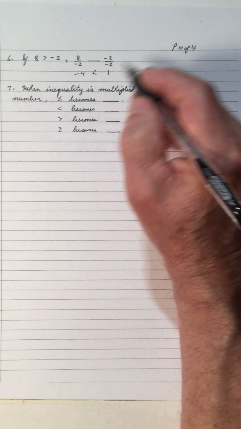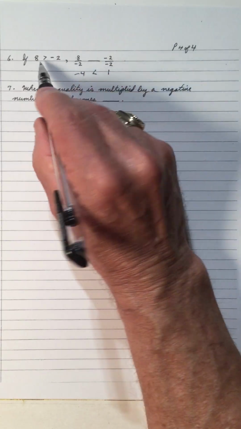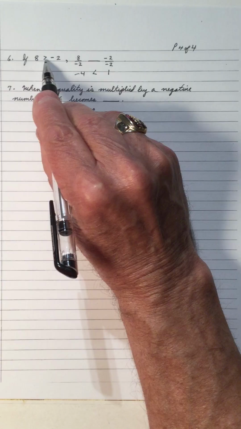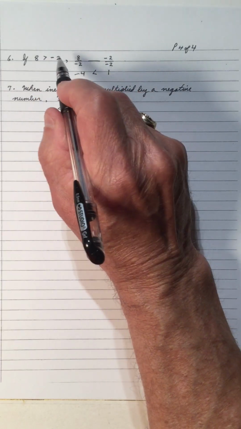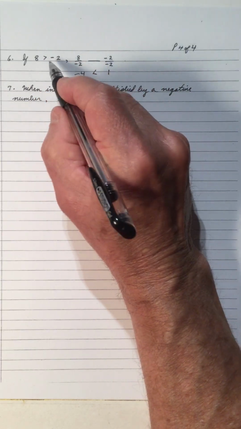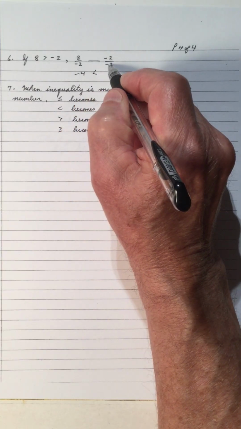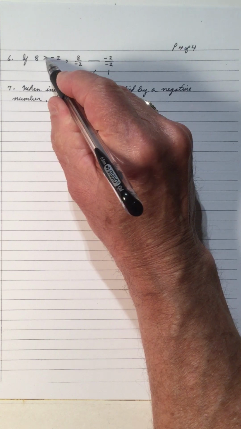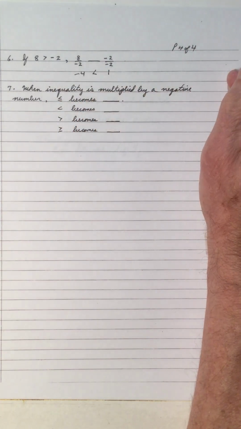So less than has to go in here. When you divide an inequality by a negative number, the direction will change from a greater than to a less than, or it'll change from a less than to a greater than. So because I'm dividing by negative 2, this inequality sign will go from a greater than to a less than.